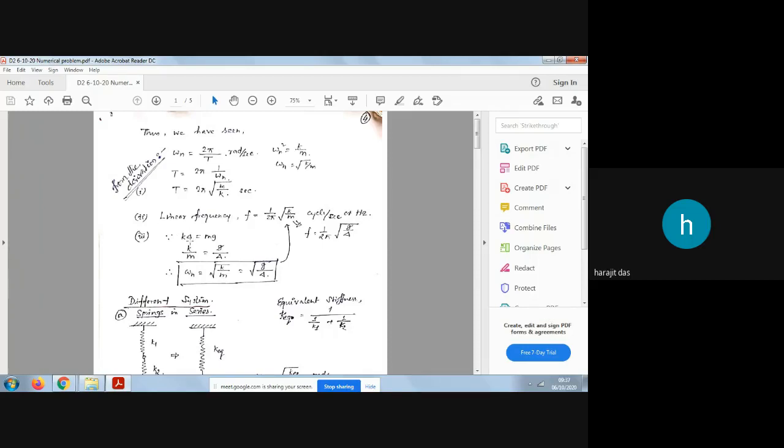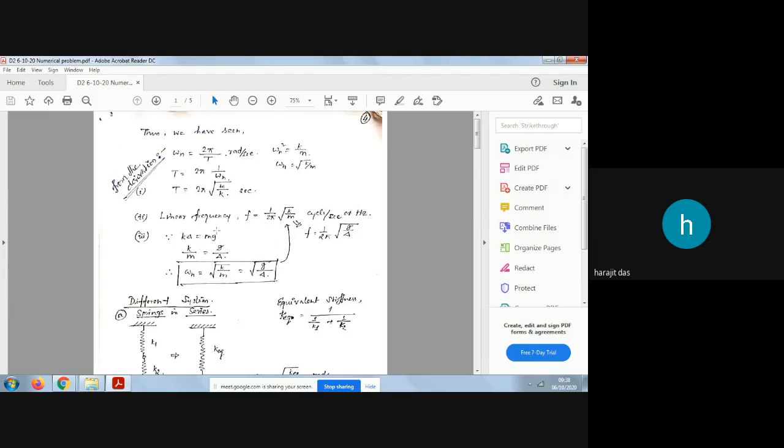When you give a free vibration, meaning some initial displacement, this delta will be replaced by x, that additional displacement, and we write kx. But here it is delta because this is the static deflection. Up to the static equilibrium position this is the spring force generated, and it is compressive in nature because it will try to regain the original position of the body. So k delta equals mg.